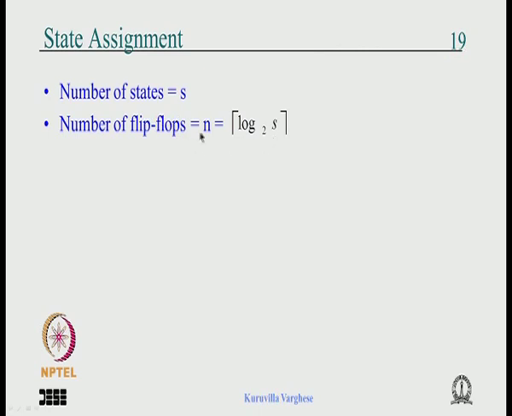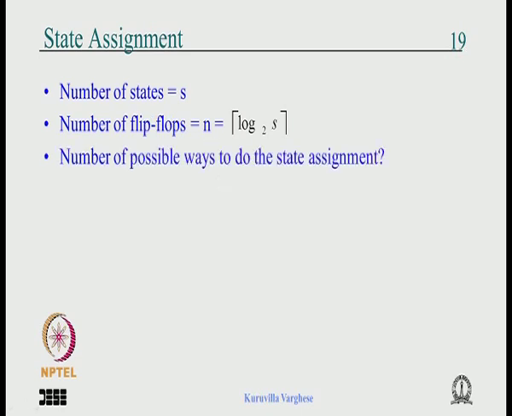In the case of 5, log 2 of 5 will be 2 point something, so we take the ceiling, which is 3, and we end up using 3 flip flops. Now we are trying to do all possible assignments; that is what we have decided.